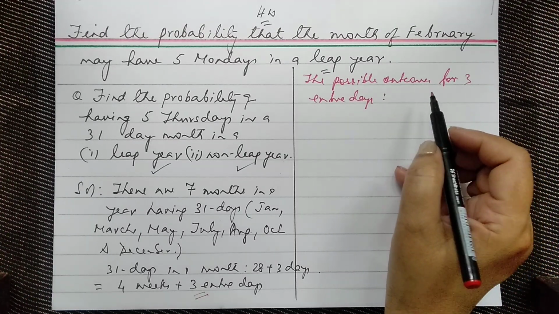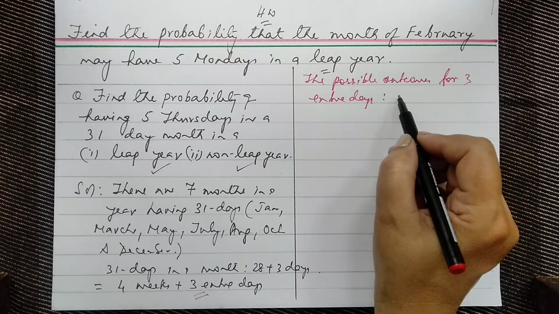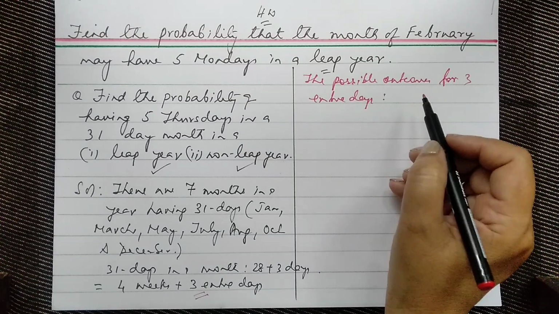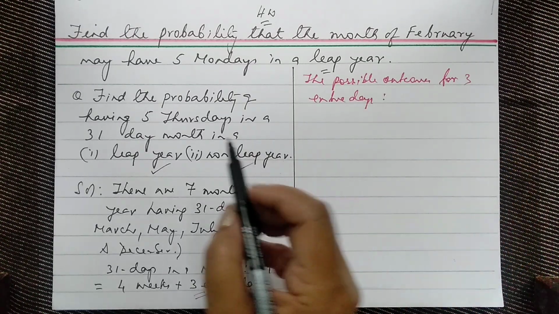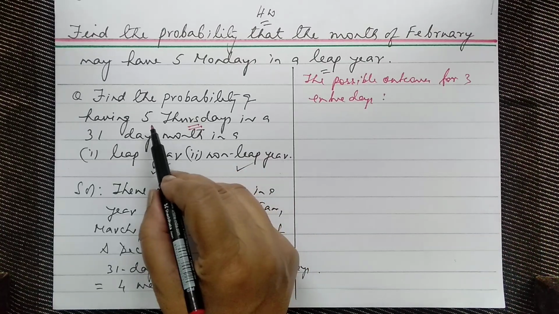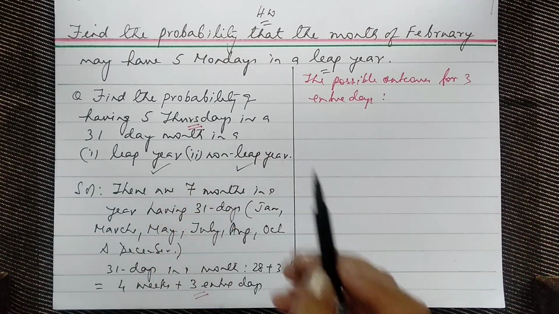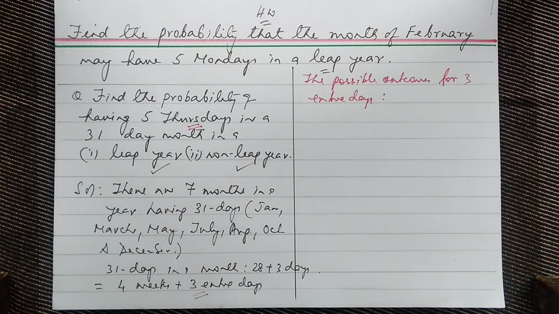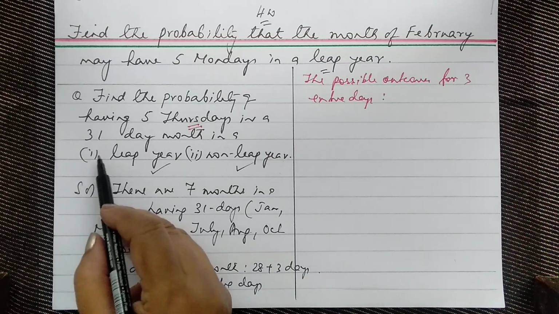So if we were to start from, say, Thursday, we have to find 5 Thursdays in this month that has 31 days.